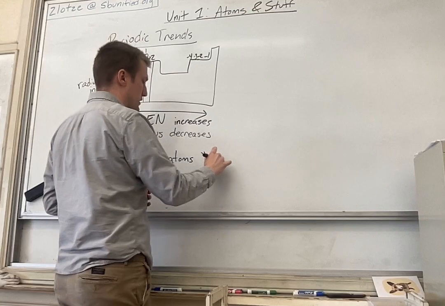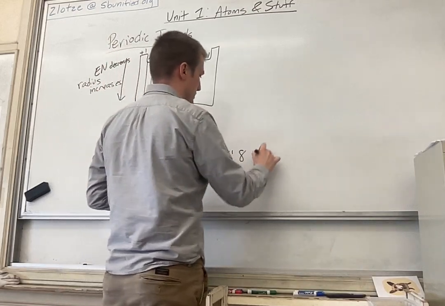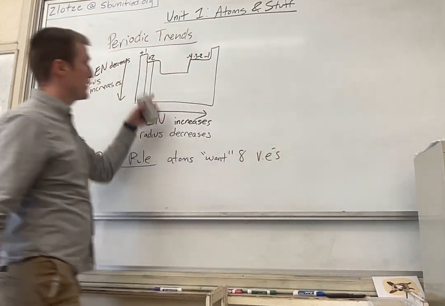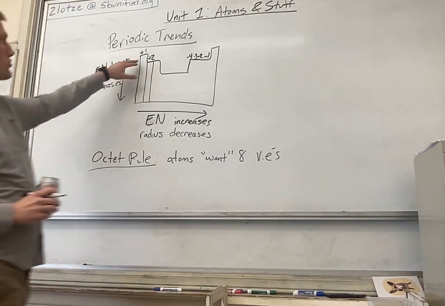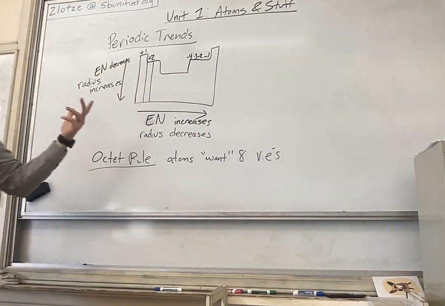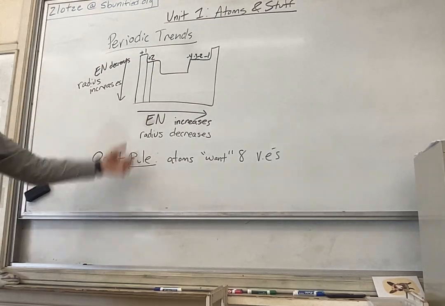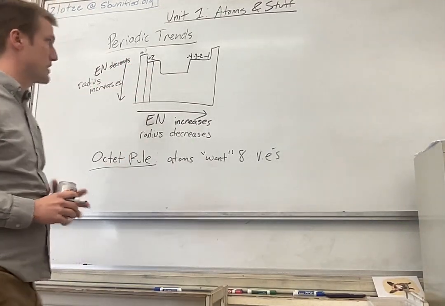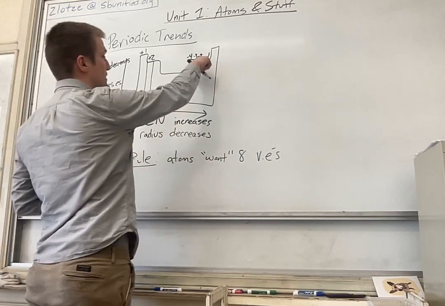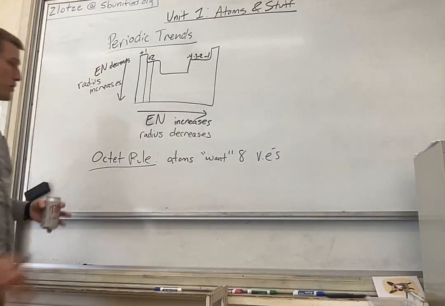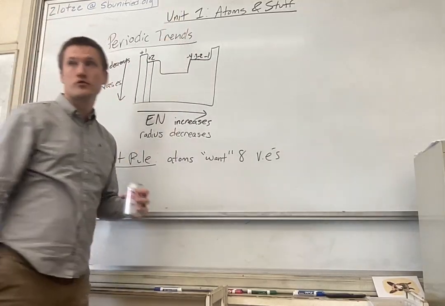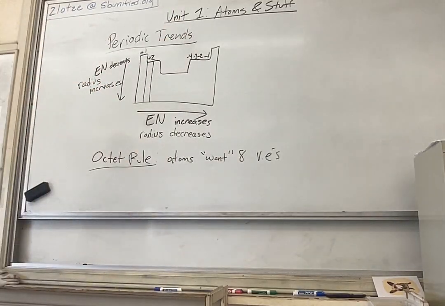Atoms want 8 valence electrons, and that's why they form those ions with different charges. A neutral atom in this column has 1 valence electron that it wants to get rid of, so it gets a +1 charge after it loses that electron. Stuff over here has 7 valence electrons, so adding 1 gives it 8, and that gives it a -1 charge.